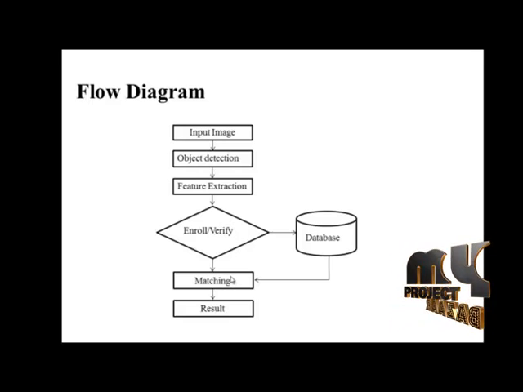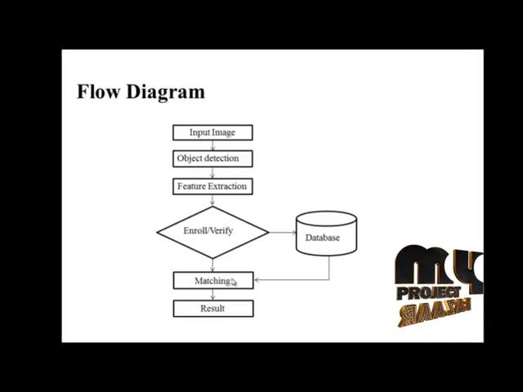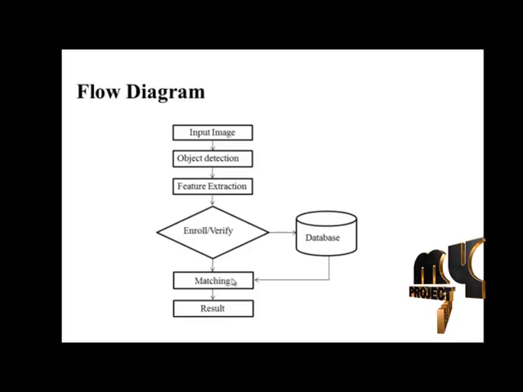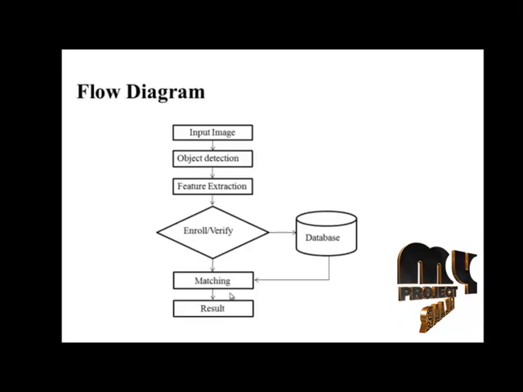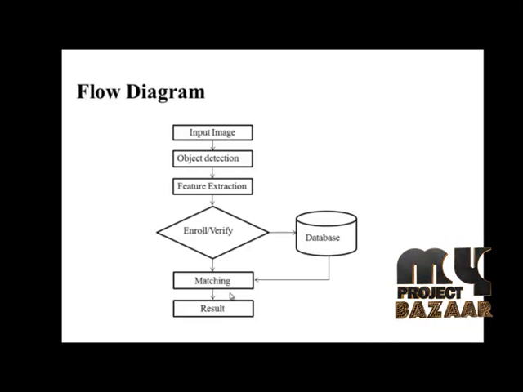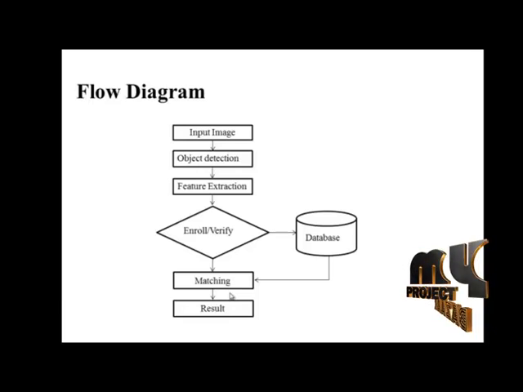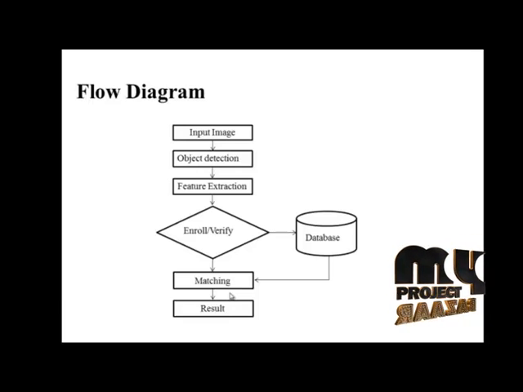The matching part is nothing but the classifier performance. Here the classifier we have used is SVM, that is, support vector machine classifier. That classifier classifies the image and provides the results. That means it provides the classified image like a bicycle or bike or anything else which is the selected image.